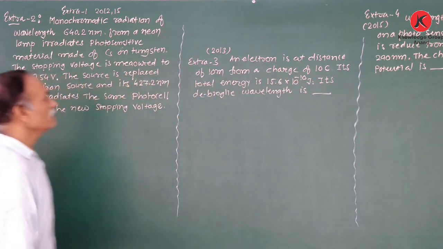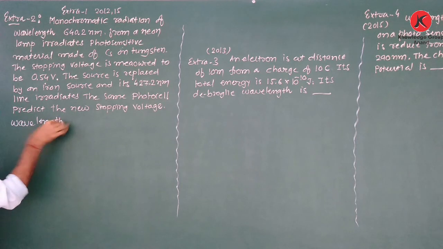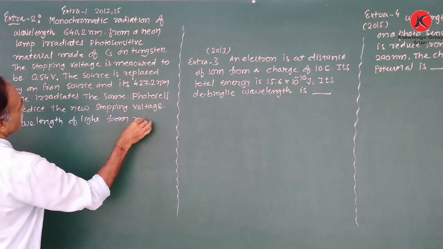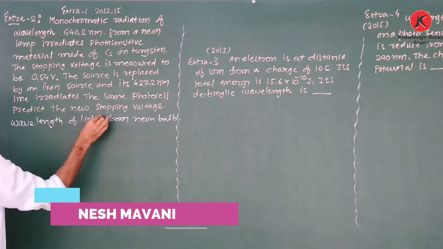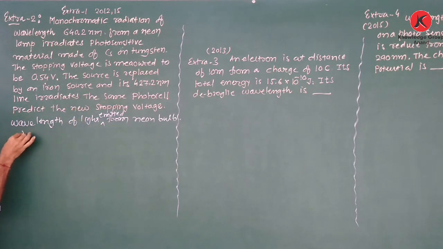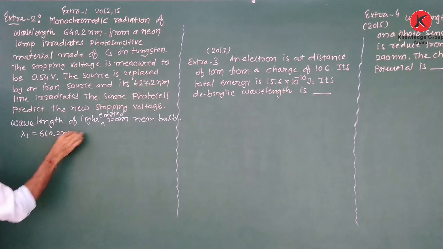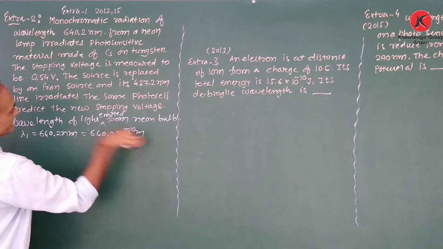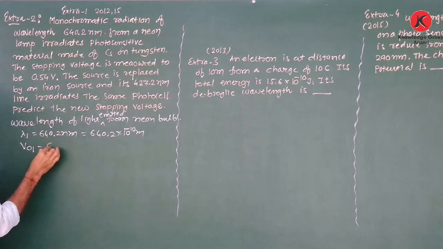That means the wavelength of light emitted from the neon bulb is given, lambda 1 is 640.2 nanometer, that is 640.2 into 10 to the power minus 9 meters. At that time, the stopping voltage V01 is 0.54 volt.